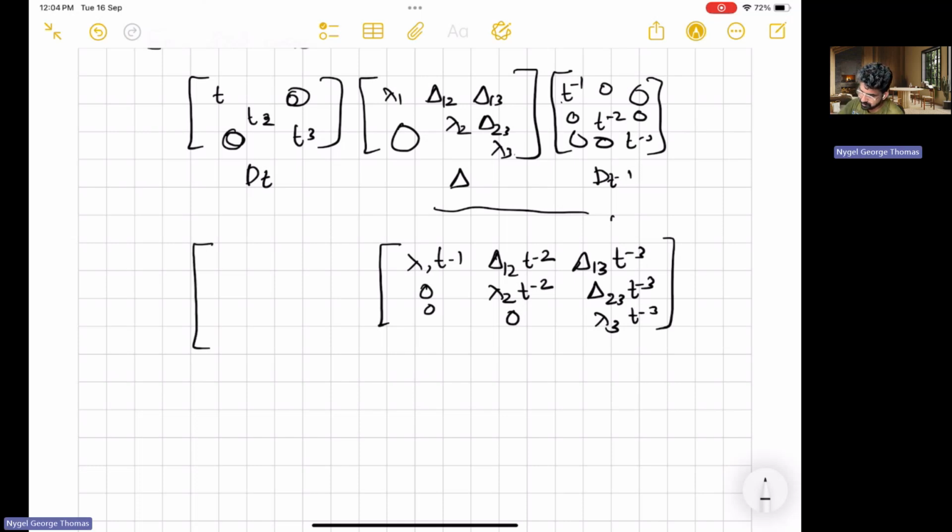And here we have the matrix with t, t squared, t cube along the diagonal.